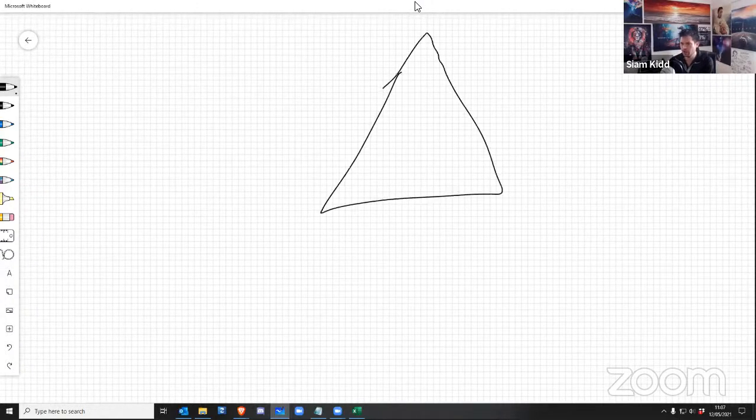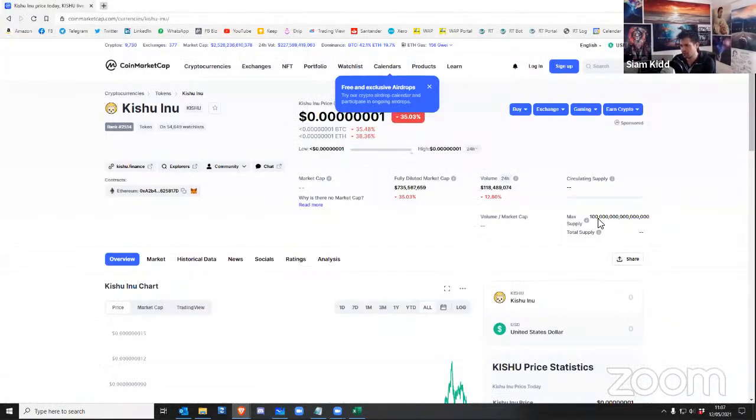So if you want $1 of Kishu Inu, what's the max supply? The max supply is, oh, Jesus Christ. That's a million billion trillion. Wait a minute. That is a million billion. It's 100,000 trillion.